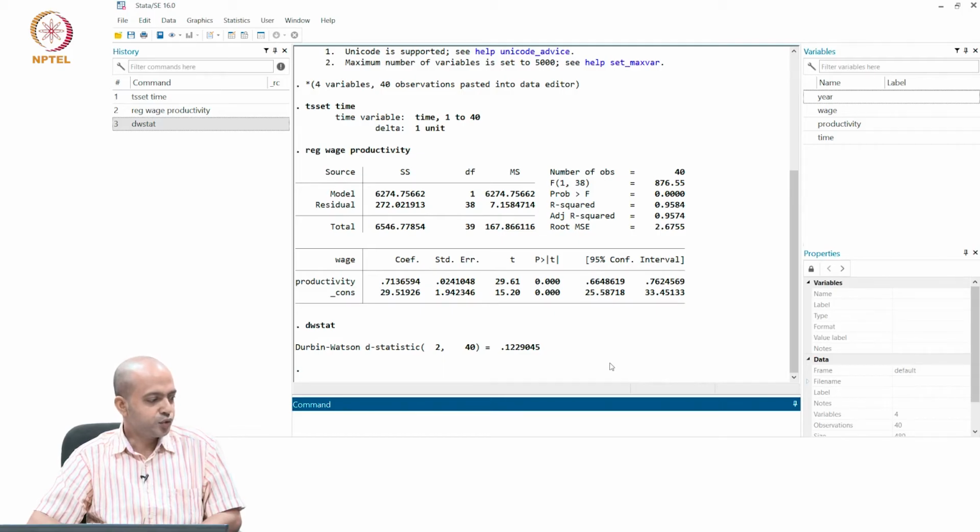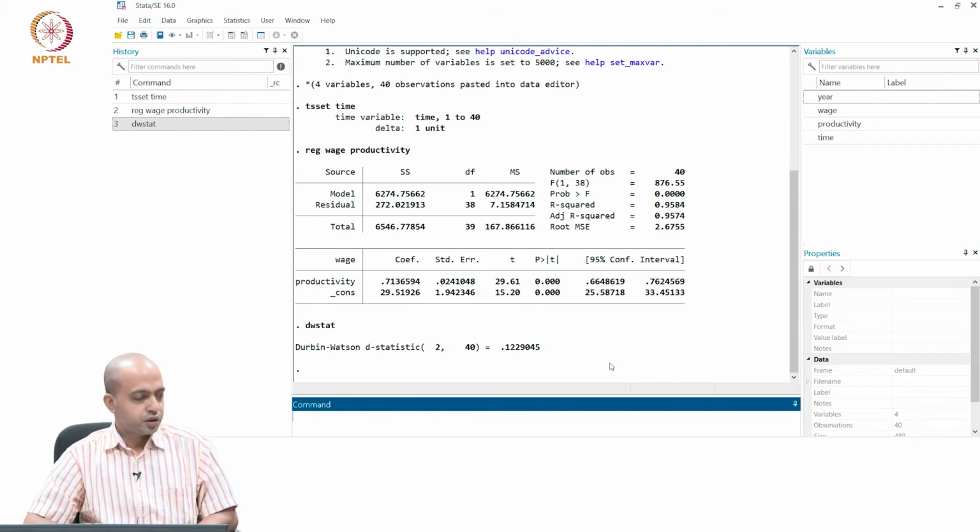As I said, the Durbin-Watson test statistic value depends on the total number of observations and the total number of parameters to be estimated from the model. There are two parameters, productivity and the constant term. So Stata is showing the Durbin-Watson test statistic value with 2 and 40. Okay, 2 and 40. Right.